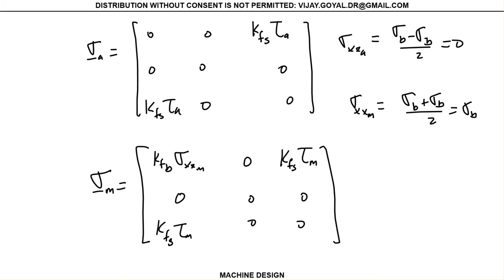So you know that in this problem, these components will be 0, this will be 0, and this is 0 because it's a static load, so therefore we don't need to do anything. So you can do this problem. So this is how we do this problem. So now let's just move on.